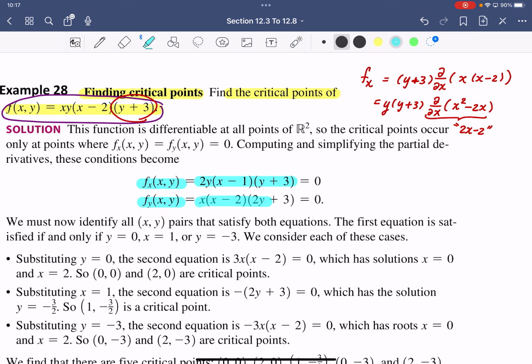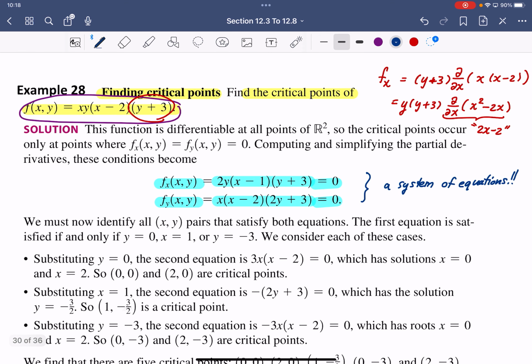Then the same thing as in calculus 1: once you get the derivatives, you set them equal to 0. But now you can see that you have two equations, so it's going to be a system of equations. You need to solve this system of equations. How do you solve it?